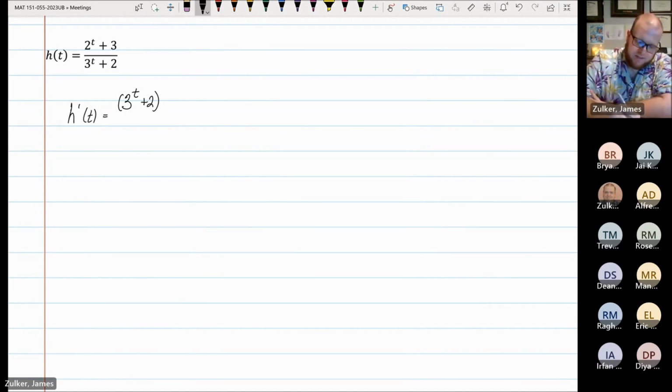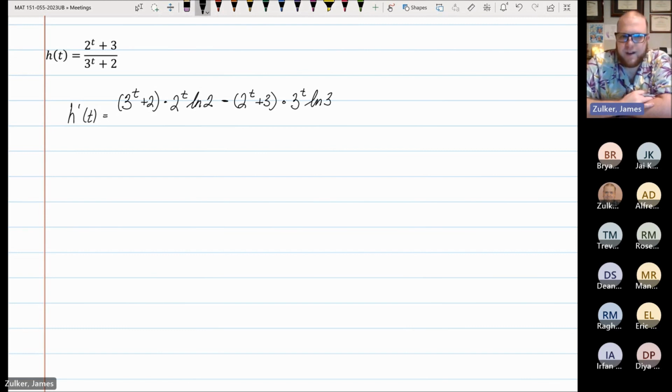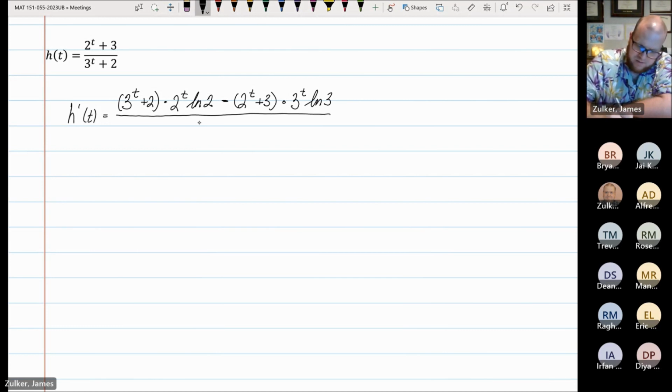Denominator times the derivative of the numerator, minus the numerator times the derivative of the denominator, all over the denominator squared.